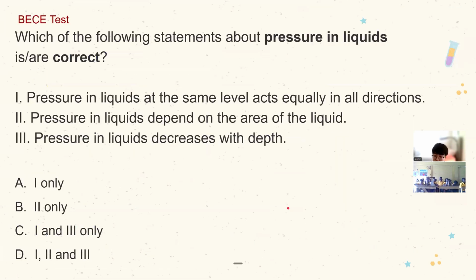Now, using these 4 properties, let's see if we can answer this question. Which of the following statements about pressure in liquids is or are correct? So we've looked at 4 properties of liquid pressure.